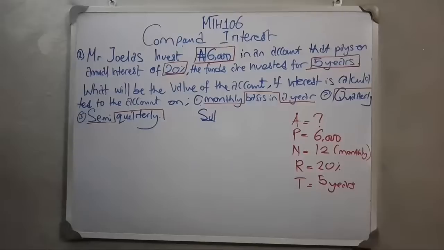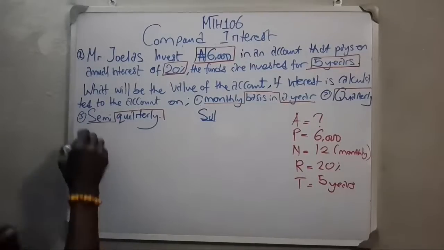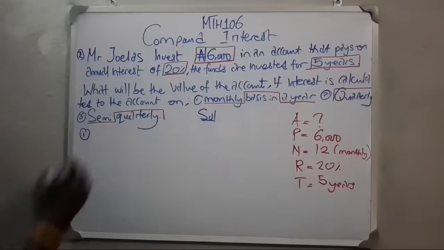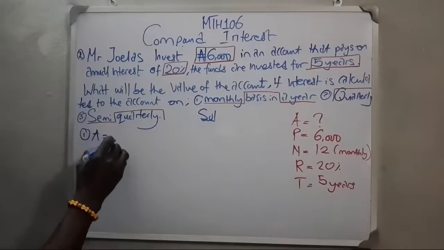I can see that we are beginning to understand the concept. We are beginning to get the whole thing. All right. So for number one now, for number one, we have A, it's unknown.